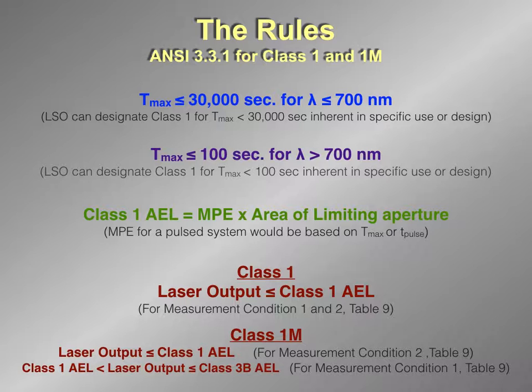For Class 1, the laser output has to be less than or equal to the Class 1 AEL for measurement condition 1 and 2 of Table 9. We'll be looking at the measurement conditions in Table 9 in just a minute.